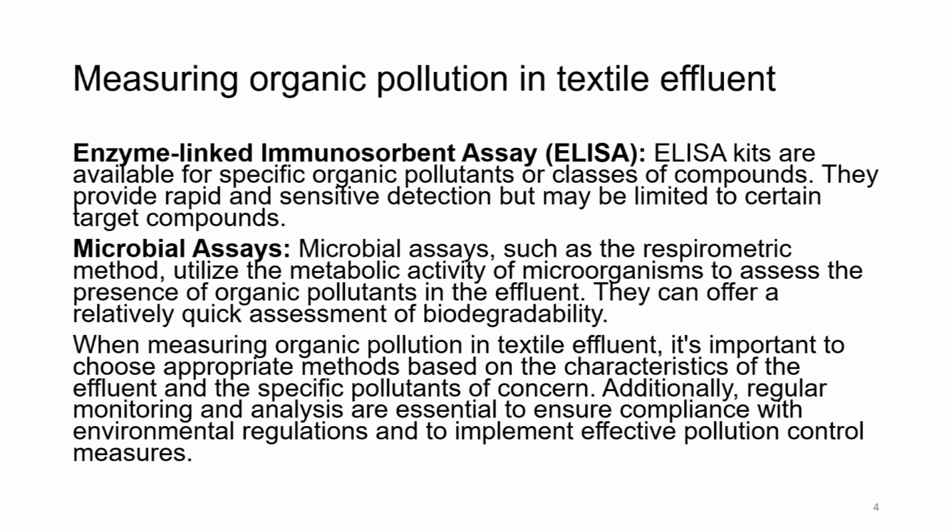When measuring organic pollution in textile effluent, it is important to choose appropriate methods based on the characteristics of the effluent and the specific pollutants of concern. Additionally, regular monitoring and analysis are essential to ensure compliance with environmental regulations and to implement effective pollution control measures.